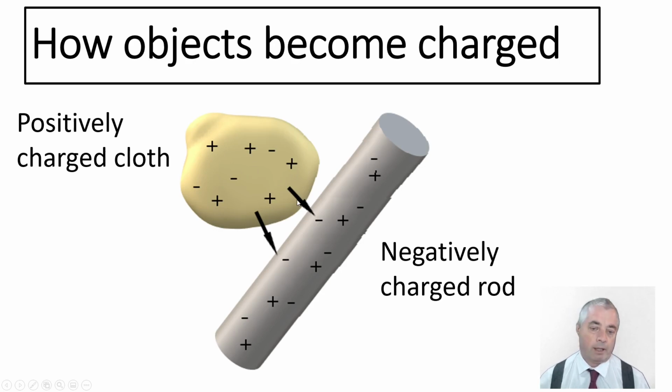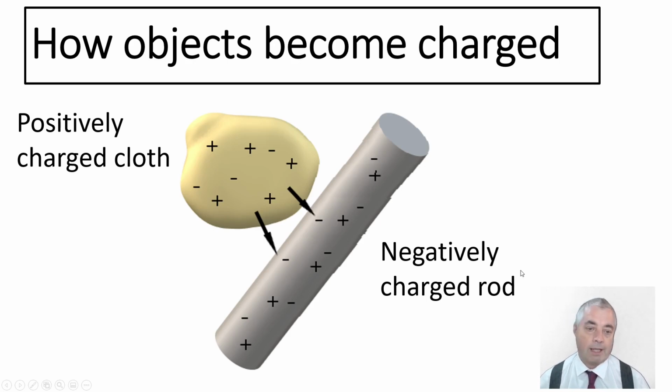Before the rubbing, the number of protons and electrons was the same. When the electrons are rubbed off onto the rod, we've got extra protons now because we've lost some electrons, and the cloth will pick up a positive charge. The rod has extra electrons because they moved from the cloth. So that's picked up a negative charge.